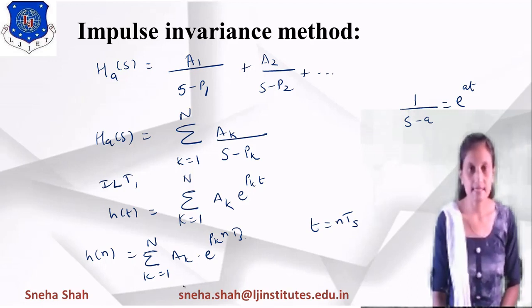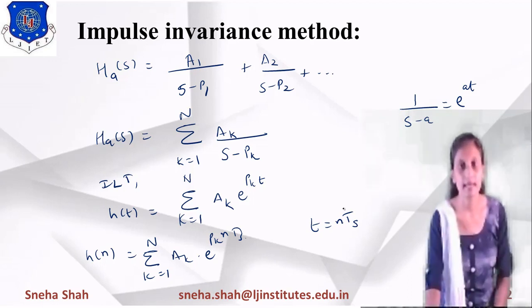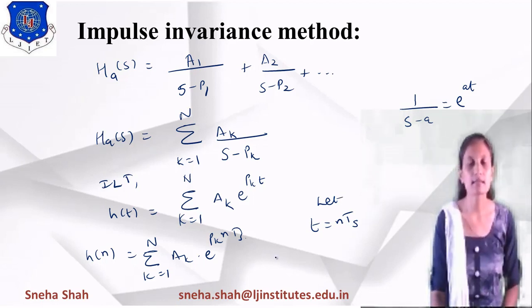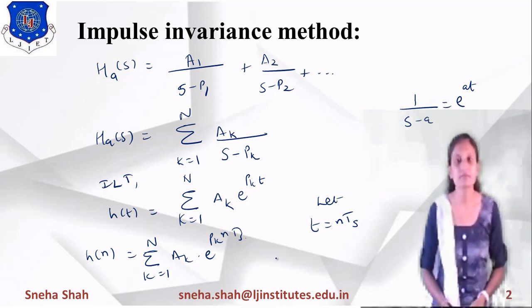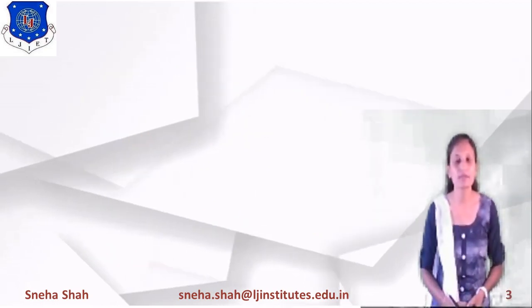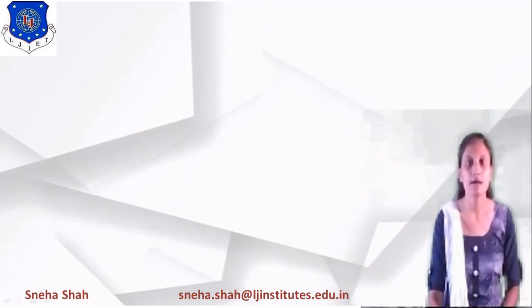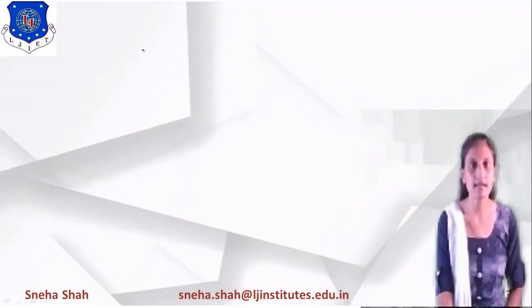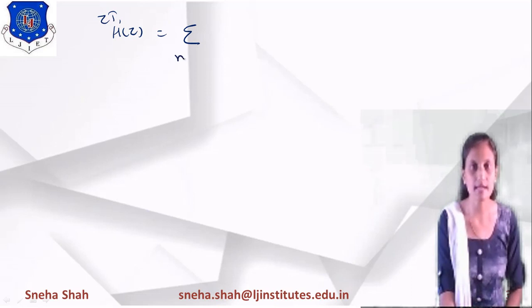Now if I take the Z transform of this, what will be the Z transform of h of n? The equation of the Z transform is the summation for the entire range: H of z equals summation n equals minus infinity to infinity h of n z raised to minus n.